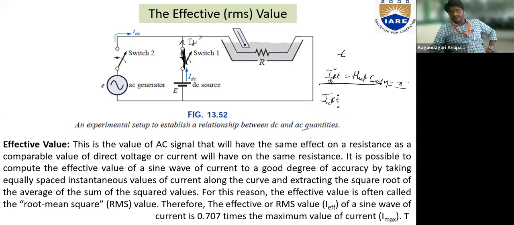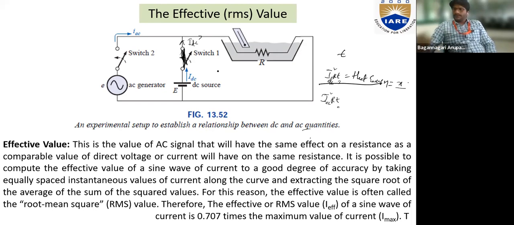So the time for which the AC is fed to the resistor should be the same as the time during which the DC was fed. If I have fed DC for 5 minutes, I also feed this AC current for 5 minutes.